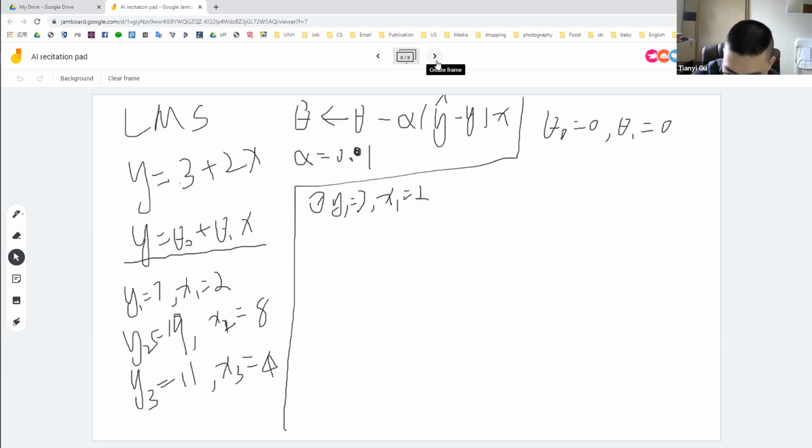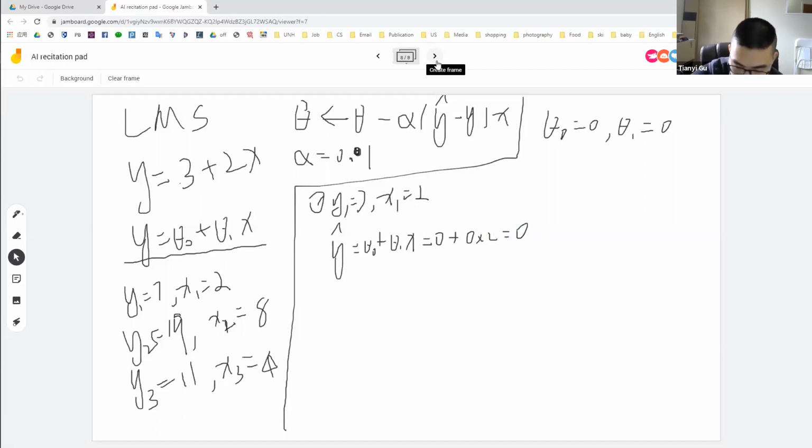Then we want to compute our y hat. So y hat is equal to theta 0 plus theta 1 times x, which is 0 plus 0 times 2, x equals 2, which is 0, right?